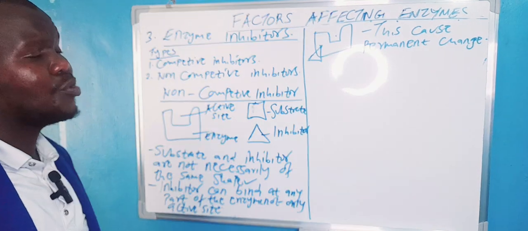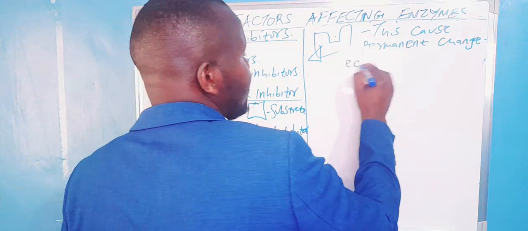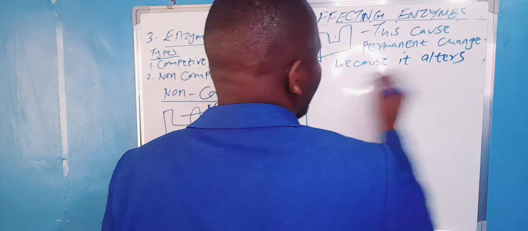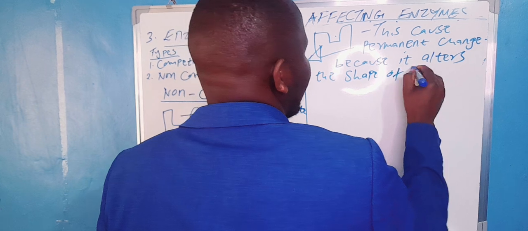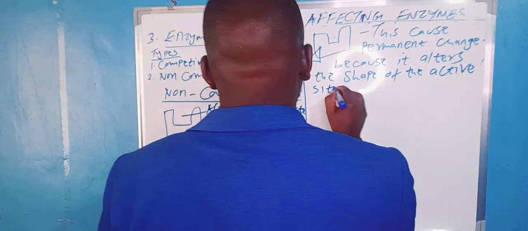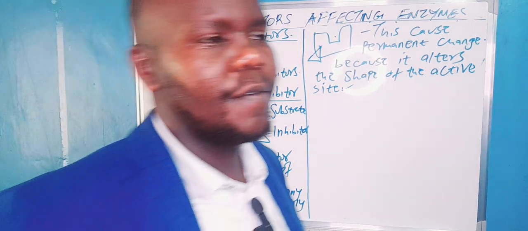Then again, what you should understand is that it alters the shape of the active site. It alters what? The shape of that active site.